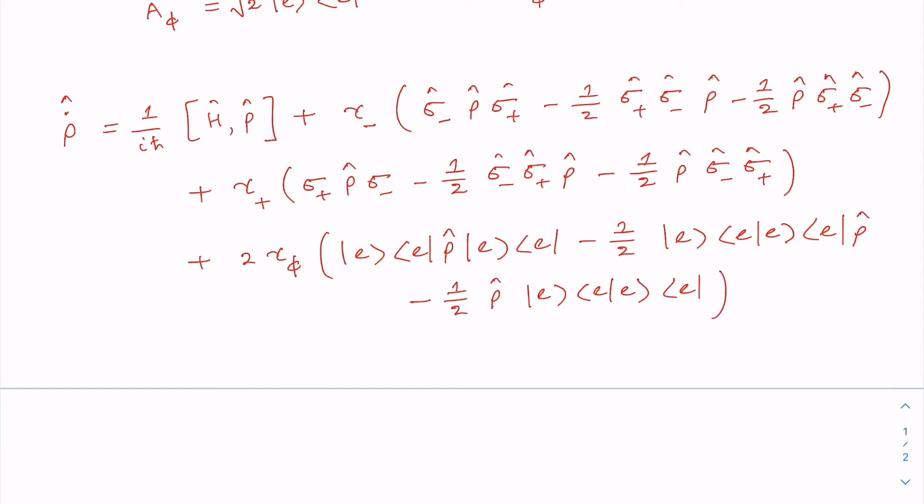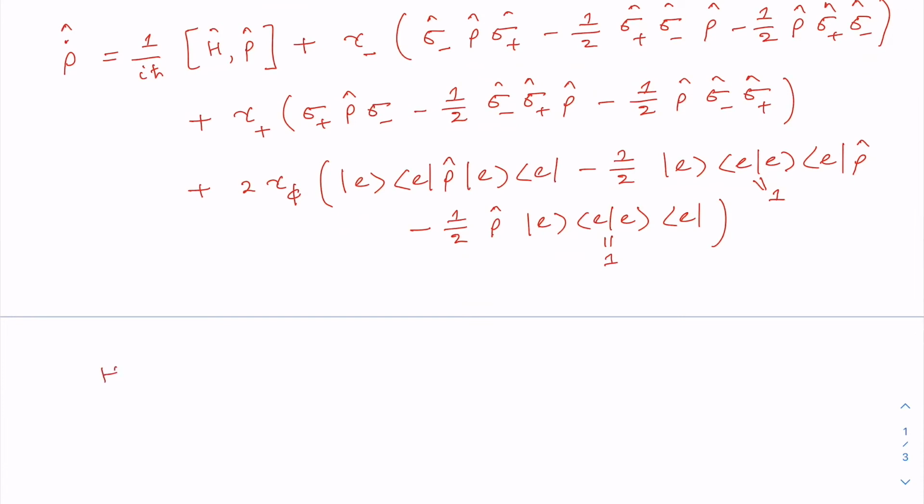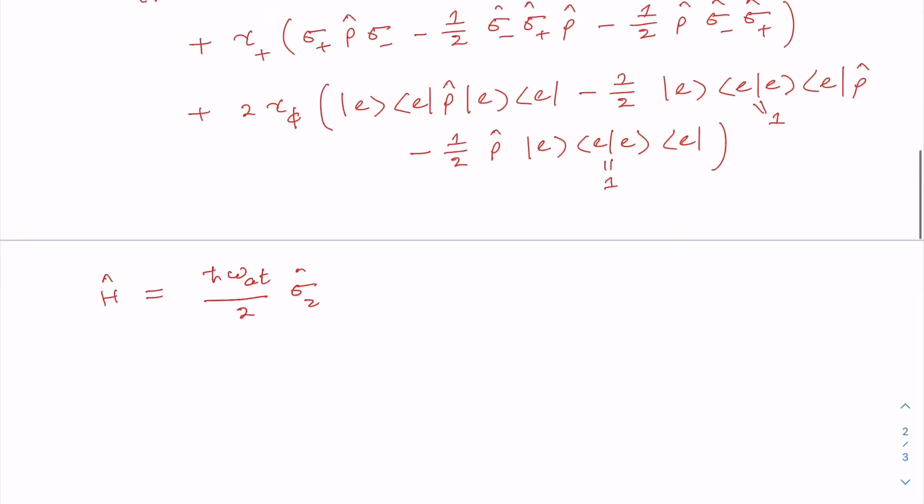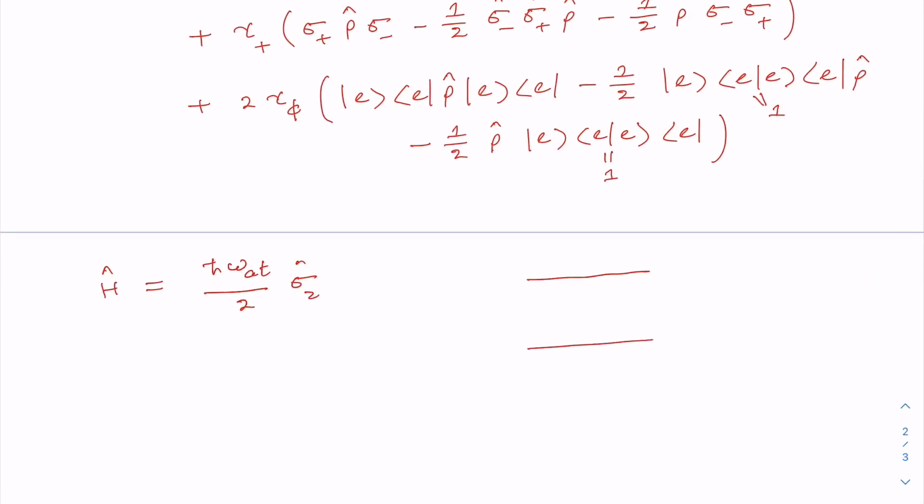This would actually become simplified because we know that this part is a scalar product, equal to 1 and this is equal to 1. Anyway, we'll do that. So this is the quantum master equation, where the Hamiltonian, I write in the diagonalized form here, ħ omega atom by 2 sigma z. That means that my excited state has energy ħ omega atom by 2, and the ground state I am taking the energy as minus ħ omega atom by 2.